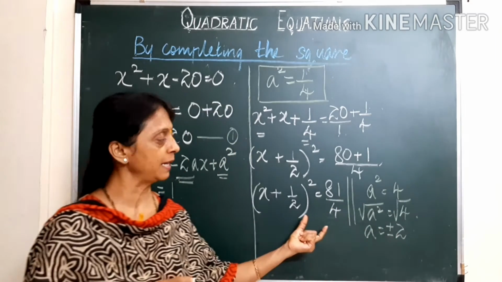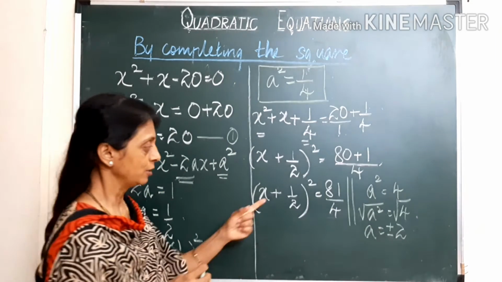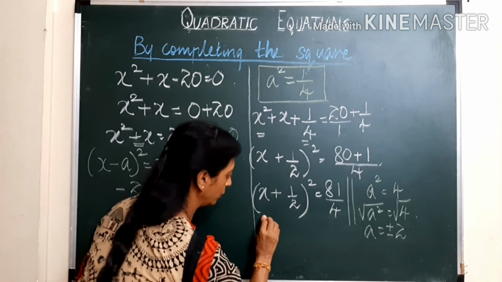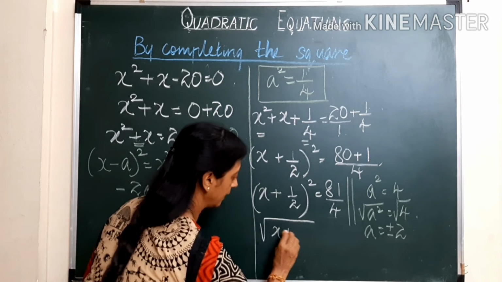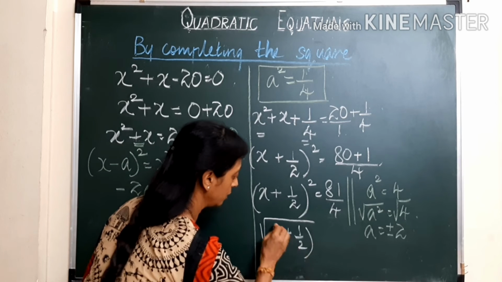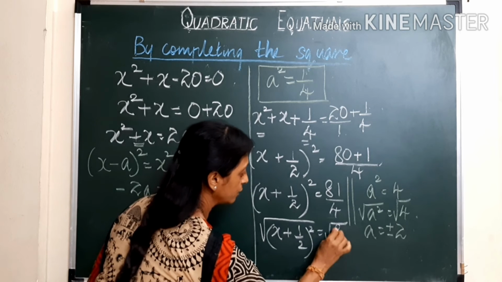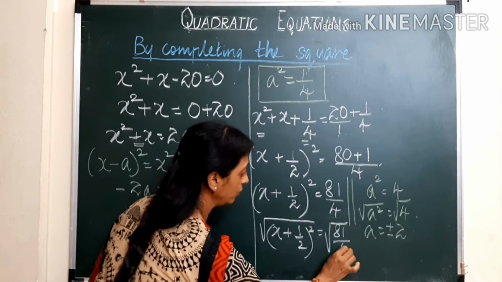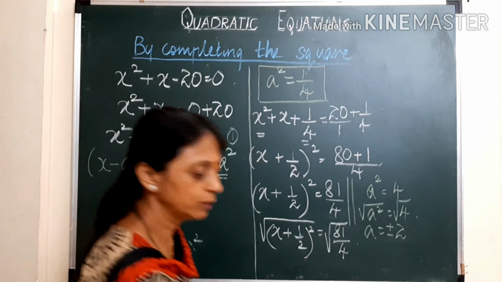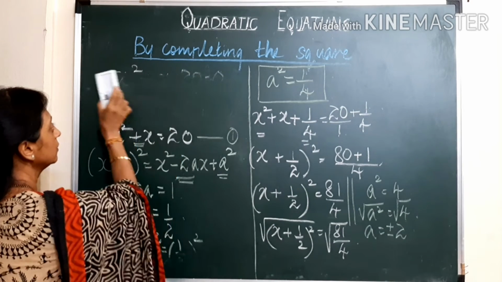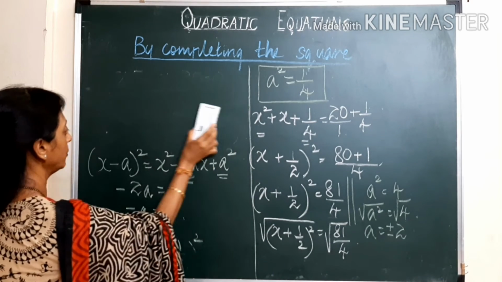Same will be applied on this problem. So we are taking the square root on both the sides. x plus 1 upon 2. Its square root will be equal to square root of 81 upon 4. Let's find out the square root now. And rub out the left hand side, children, to solve the problem further.